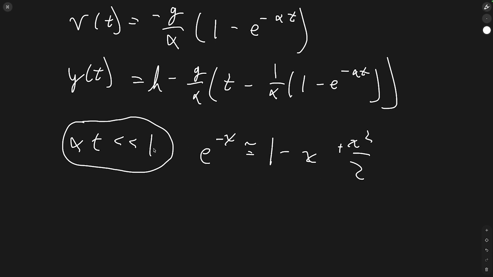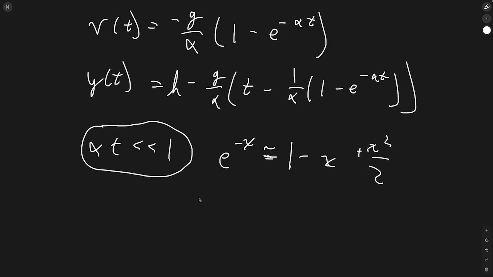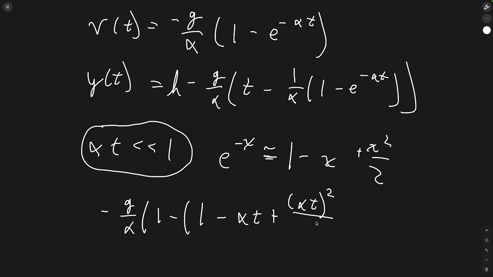And there's more terms, but since this is really small, we can pretty much just stop there. So now, putting in alpha t for x and substituting these three terms in for e, we'll look at v of t. So v of t is minus g over alpha times 1 minus, and then 1 minus alpha t plus alpha t squared over 2.